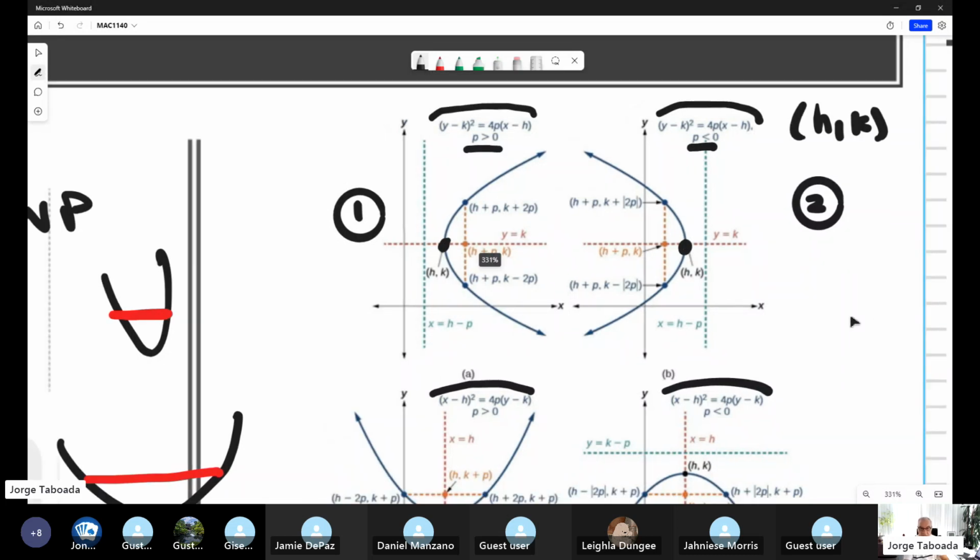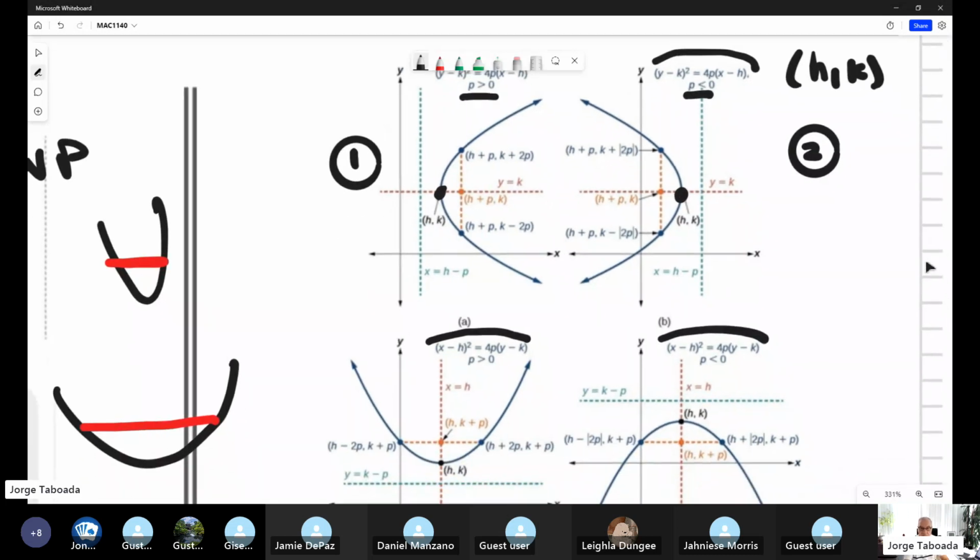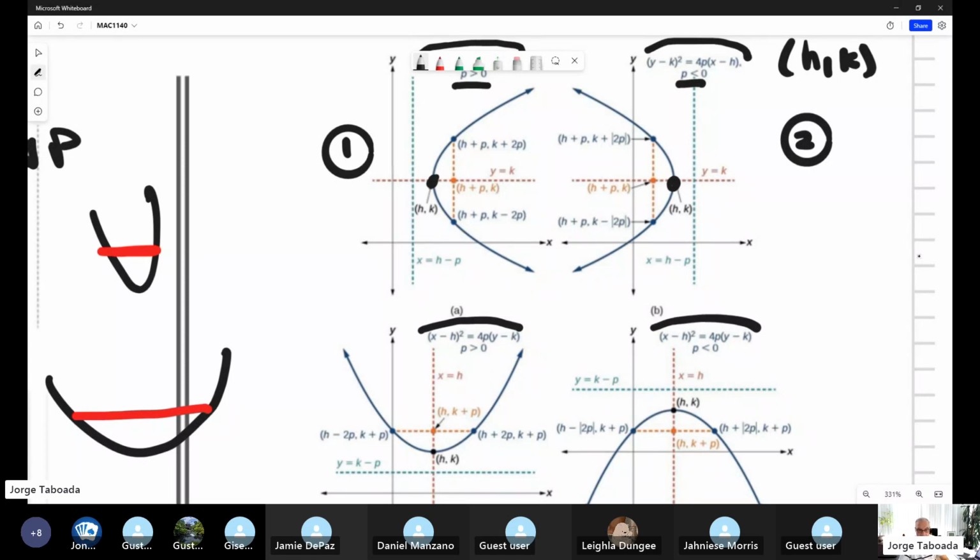It doesn't matter whether it opens to the left, to the right, or up or down. However, in the formula you can differentiate. Suppose that H and K are 0. In other words, the vertex of the parabola is located at the origin, 0,0.